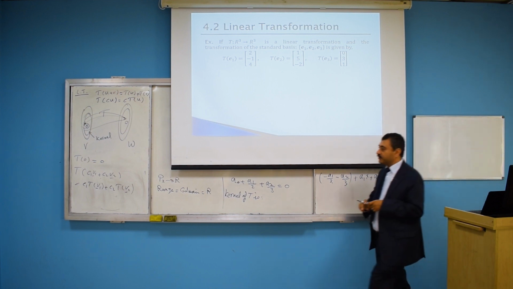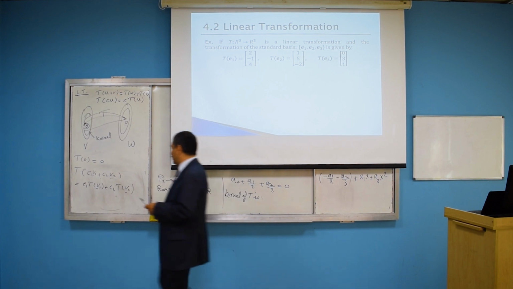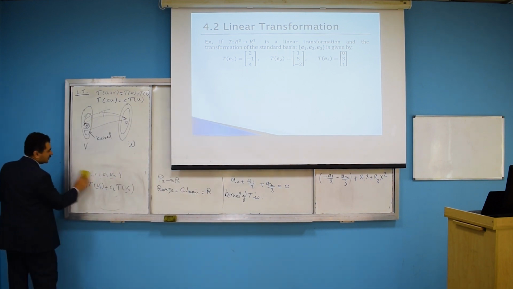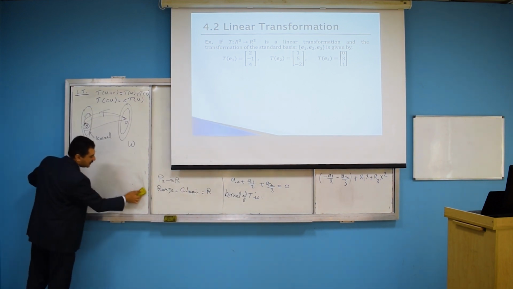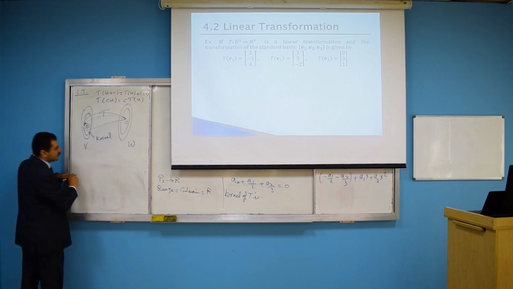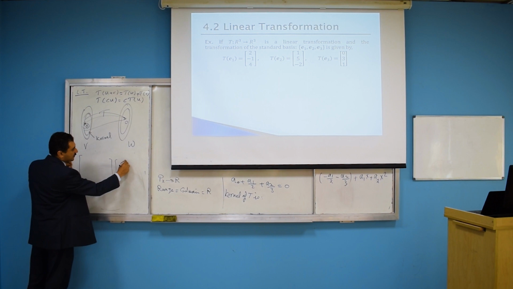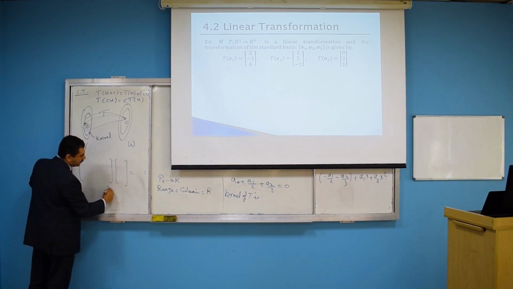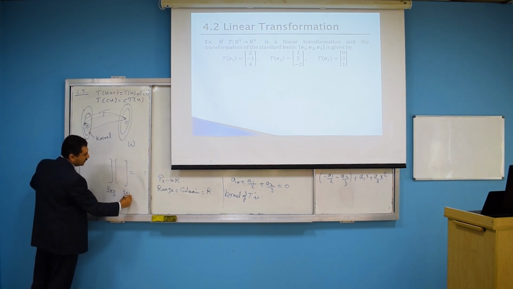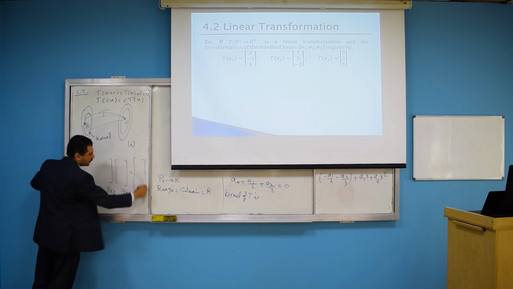As we said before, if you map from R3 to R3, this is actually done by a 3 by 3 matrix. You have a matrix here, 3 by 3, multiplied by a vector, 3 by 1, to give you a vector also 3 by 1.